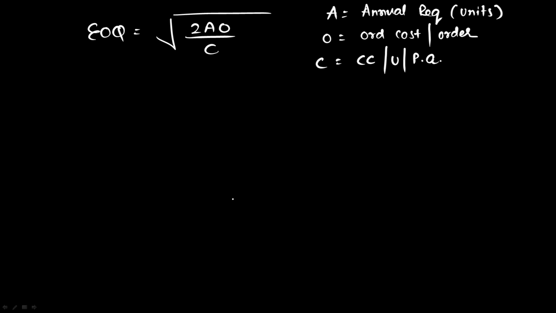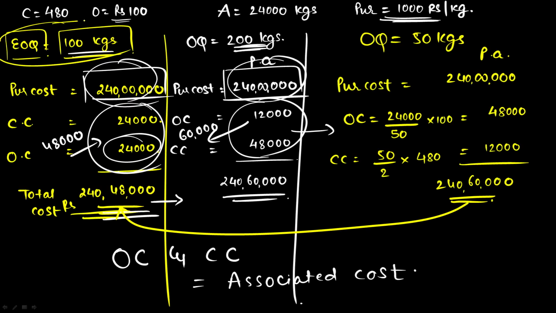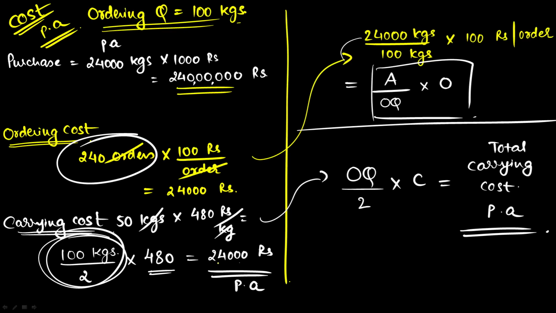Sir, how did Wilson derive this formula? Please try to concentrate. At EOQ, at economic ordering quantity, your carrying cost will be equal to your ordering cost. This is EOQ. What is carrying cost? 24,000. What is ordering cost? 24,000. If you remember, here I didn't do the calculation. I didn't open my calculator.